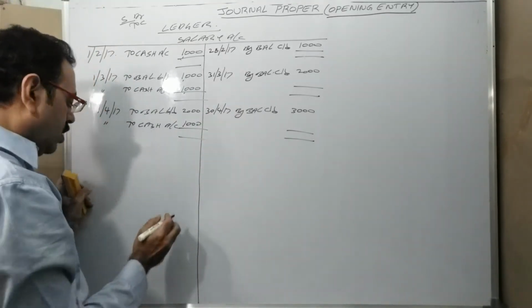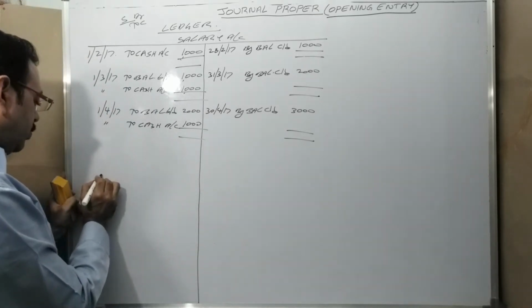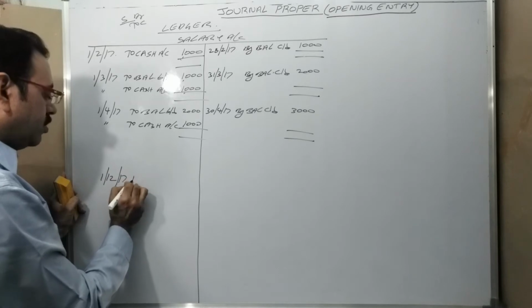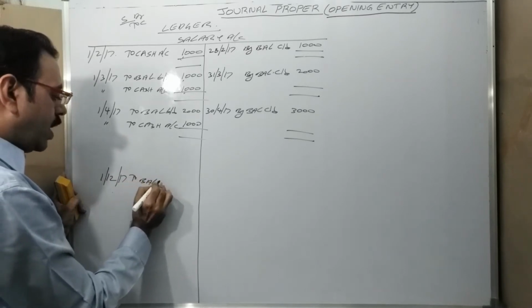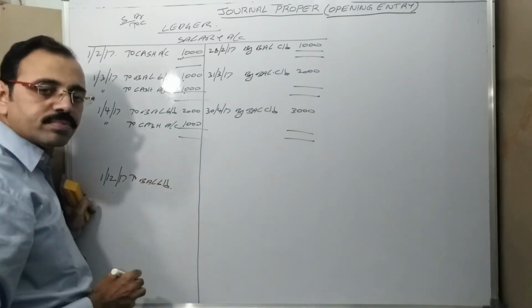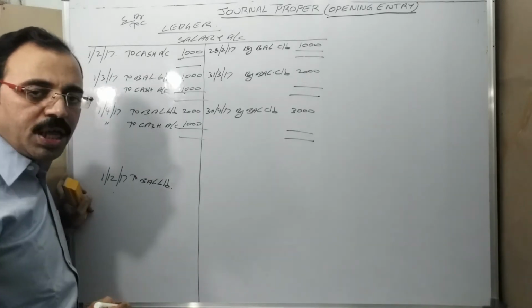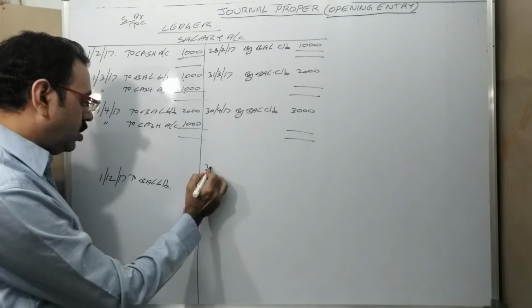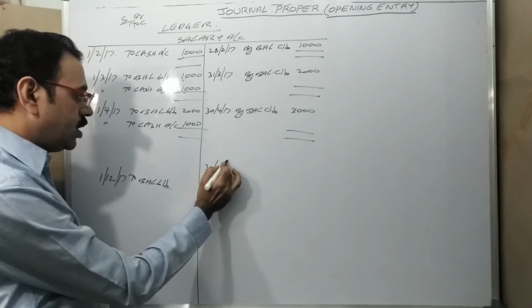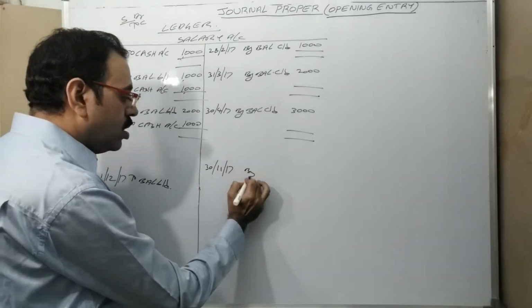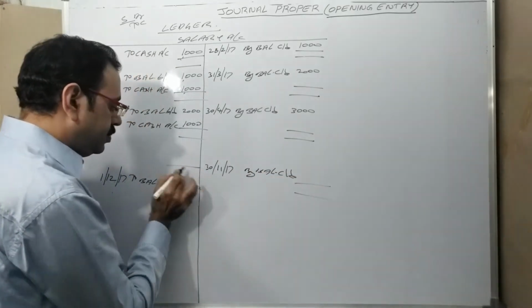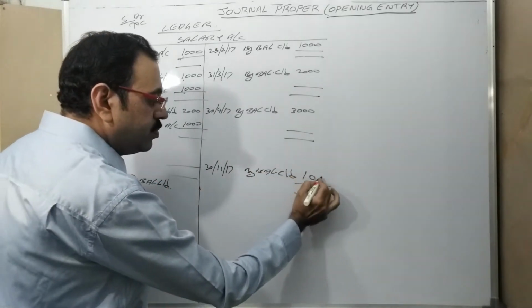Assume that we came to 1st December 2017, to balance brought down. How much will be the amount now? Here, on 30th November 2017, how much will be the balance carried down figure? 10,000.